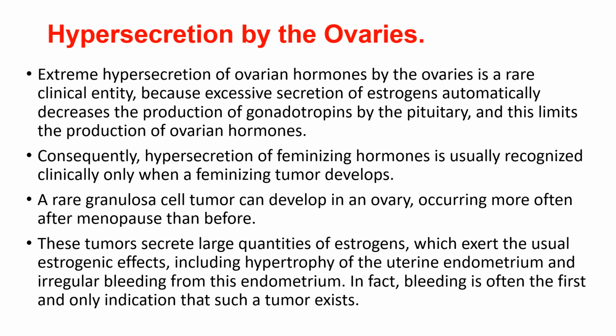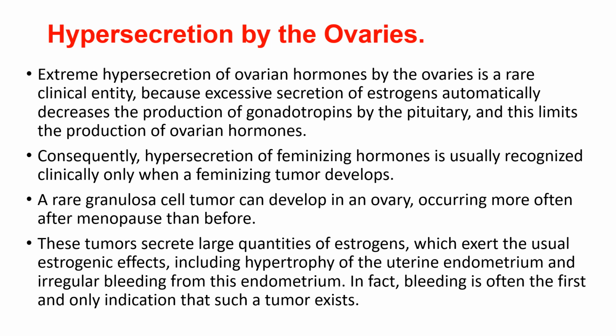Hypersecretion by the ovaries. Extreme hypersecretion of ovarian hormones by the ovaries is a rare clinical entity, because excessive secretion of estrogens automatically decreases the production of gonadotropins by the pituitary, and this limits the production of ovarian hormones. Consequently, hypersecretion of feminizing hormones is usually recognized clinically only when a feminizing tumor develops.